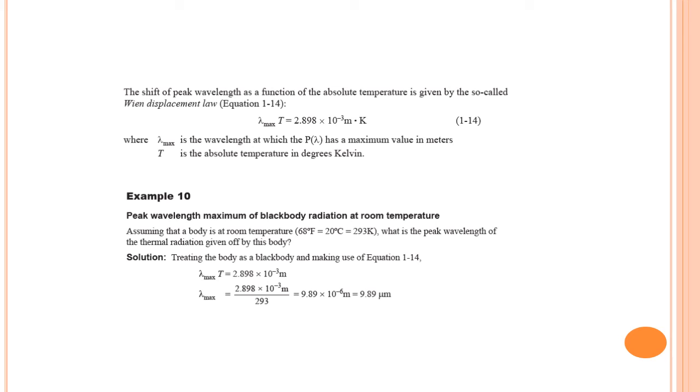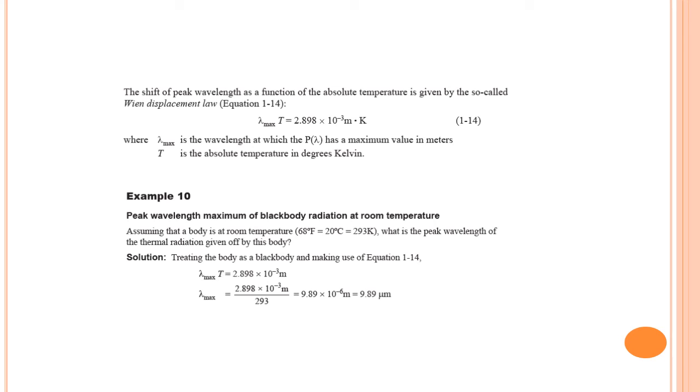If we treat the body as a black body and use equation 1-14, we arrange the equation so that our maximum wavelength is equal to 2.898 times 10 to the minus third meter Kelvin, divided by the temperature, 293 degrees Kelvin. We get 9.89 times 10 to the minus 6 meters, or 9.89 micrometers.